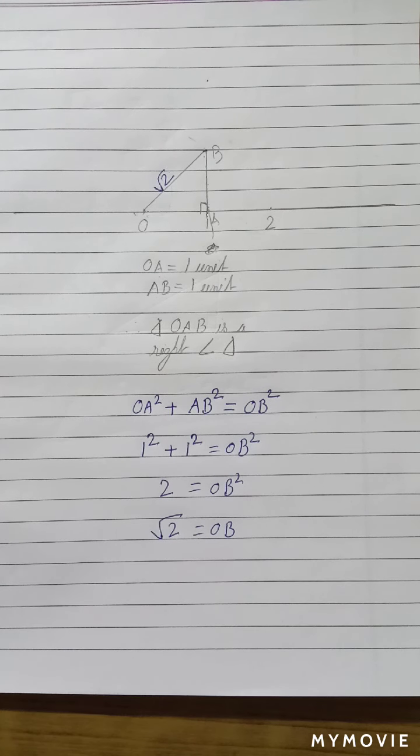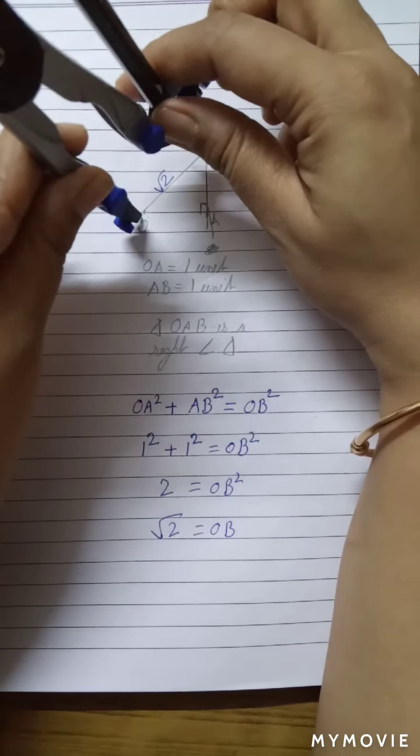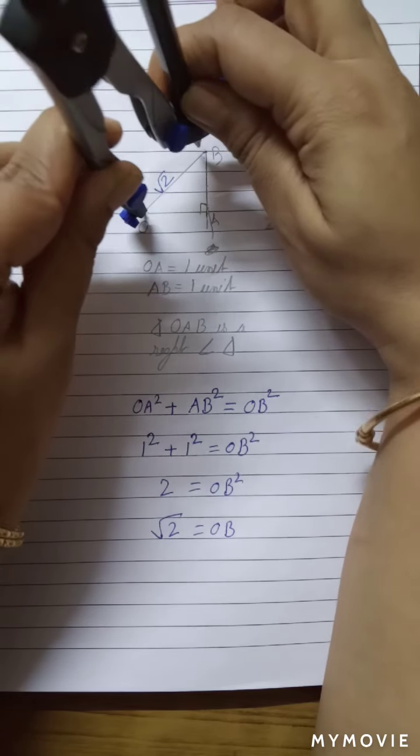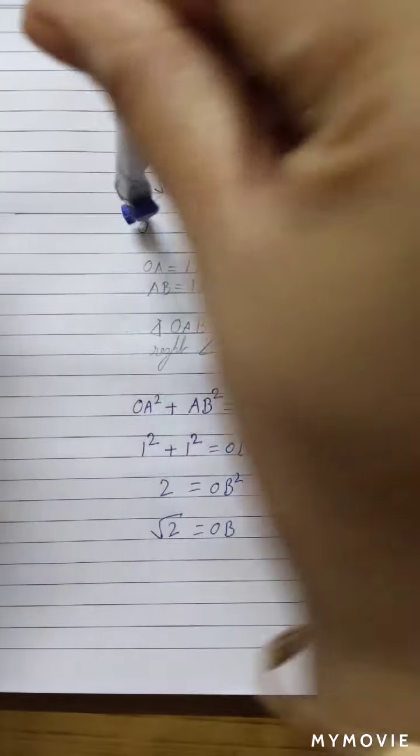We know OB is equal to root 2. We just verified it. Now with OB as the radius, let's draw a semicircle. Let's cut an arc.